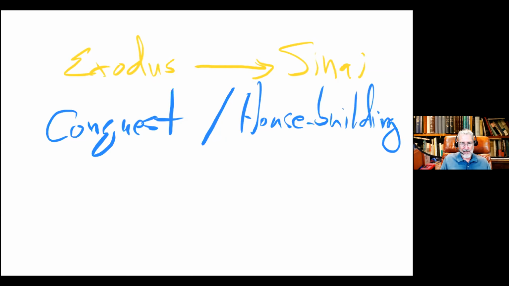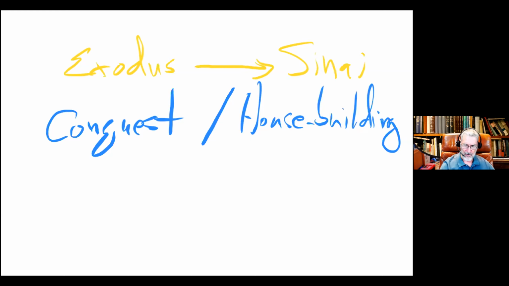And the next section of the mythology of Baal was that he would have a house built for himself, a temple. So the conquest is his defeat of the bad guys. The house building is the building of a temple where he could be properly served.